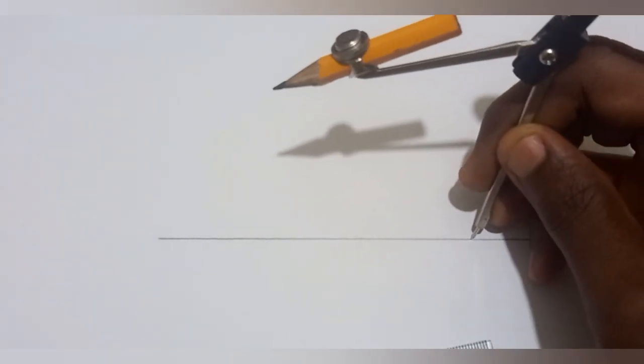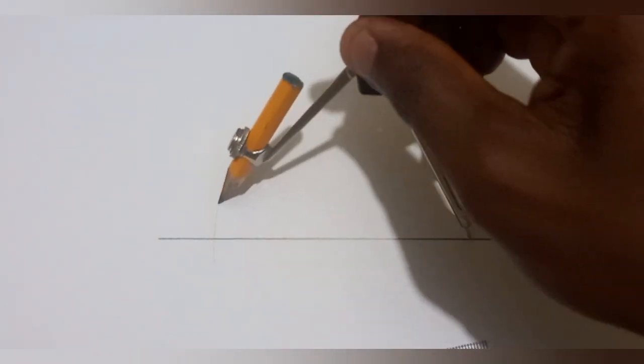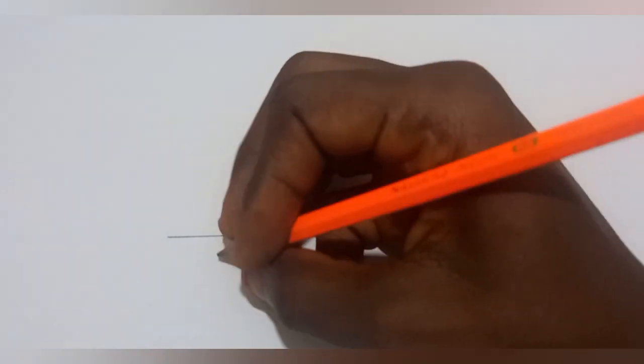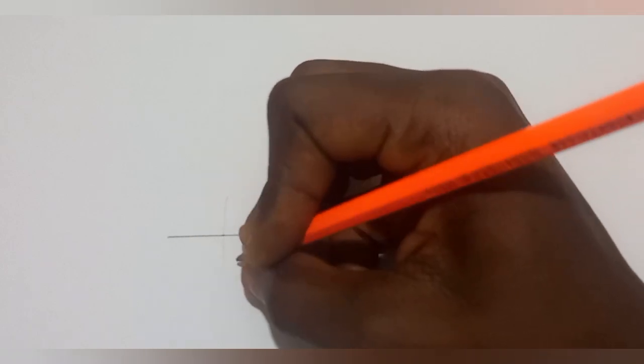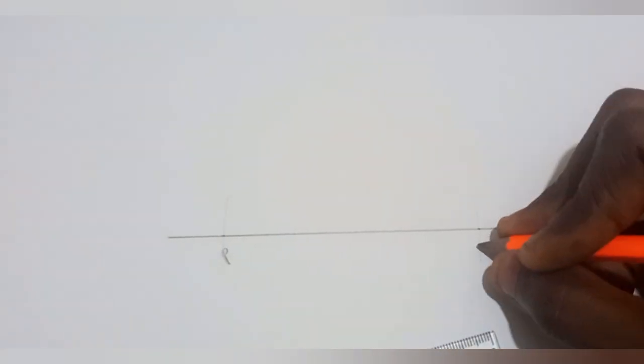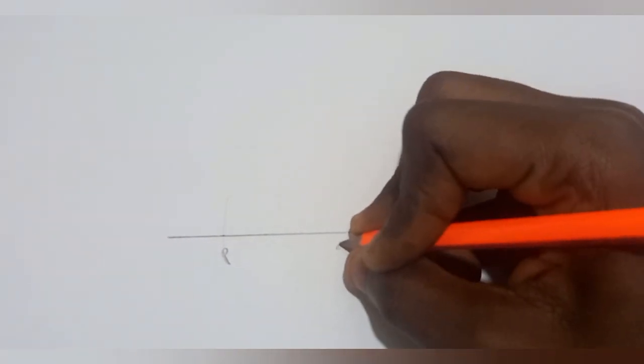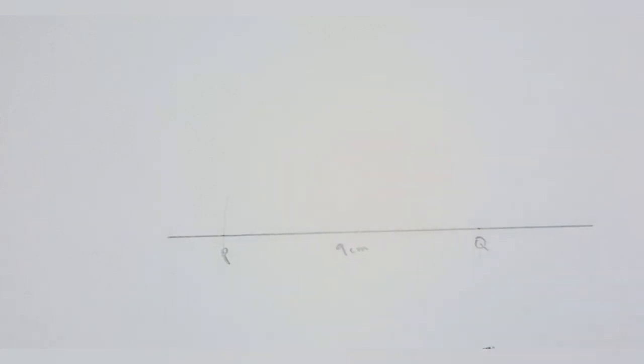Stand here. We arc. Come in. We arc. What do you have here? P and Q. What's the distance? 9 centimeters.